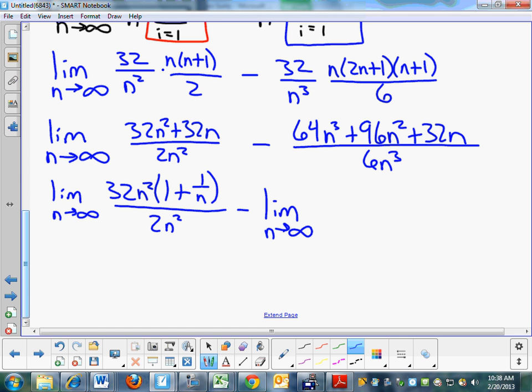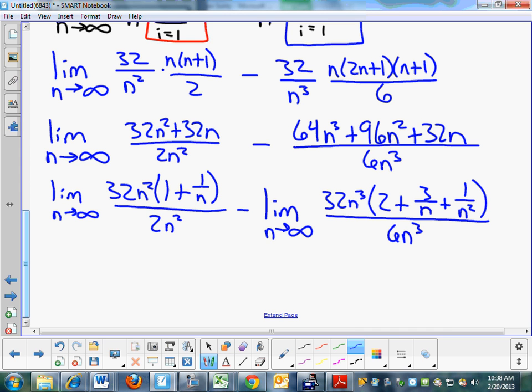I'm just making sure everybody understands I'm doing the limit individually. So we're going to do that limit and that limit. You could technically write it either way. What should I take out of the second one? Sure, we'll take out 32n cubed. You have options. That's what we'll do. And I'm left with 2 plus 3 over n plus 1 over n squared, all over 6n to the third.